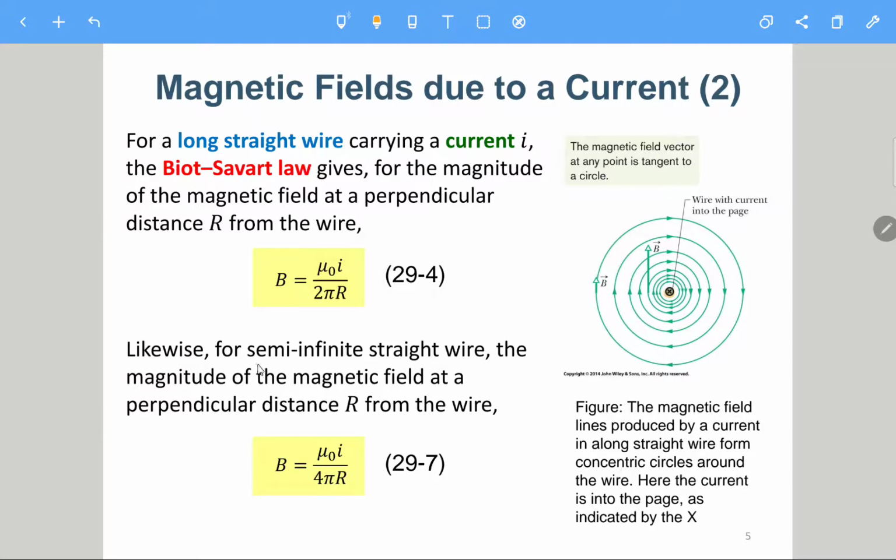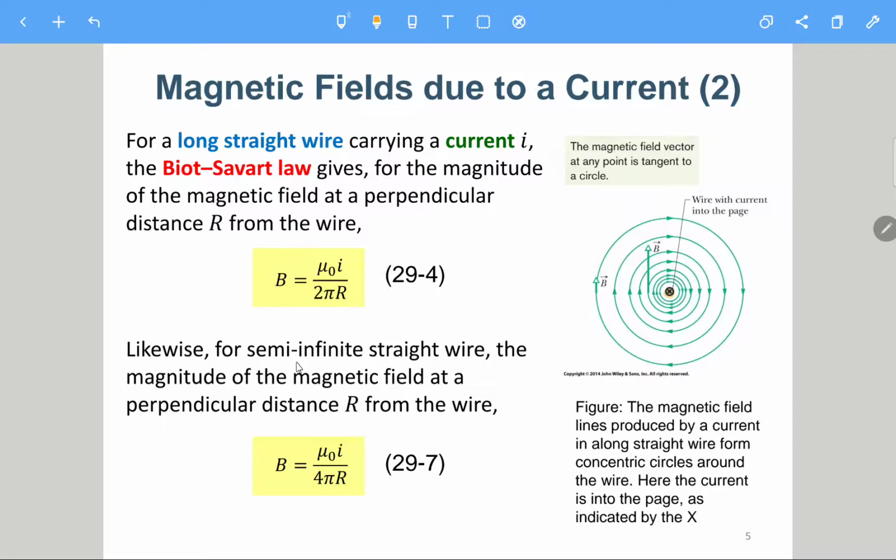Okay. So likewise for a semi-infinite straight wire, the magnitude of the magnetic field at a perpendicular distance r from the wire will be like this. Semi-infinite means from 0 to positive infinity.